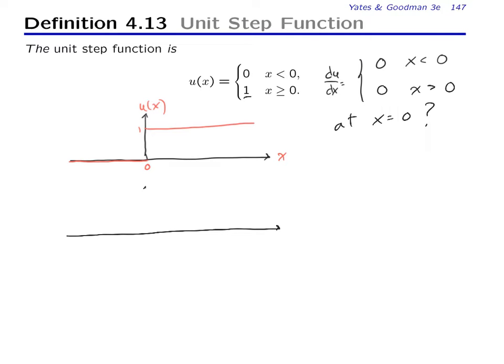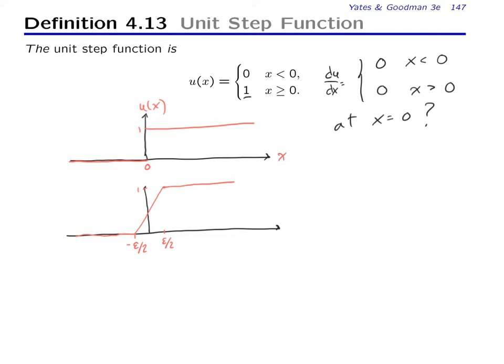to the unit step. And the way this approximation works is that it's 0 up until minus epsilon over 2, and then it's a straight line up to 1 at epsilon over 2.